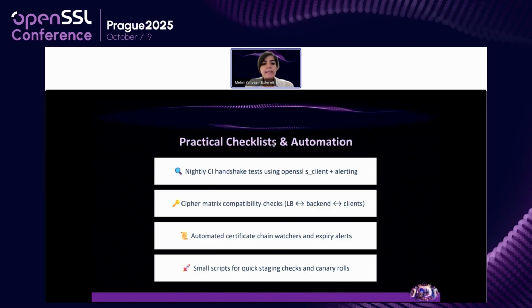The other one is to use automated certificate watchers for expiry alerts. Unfortunately, we are seeing that some platforms are using revoked certificates, and it's going to be damaging and allow spoofing in the network.